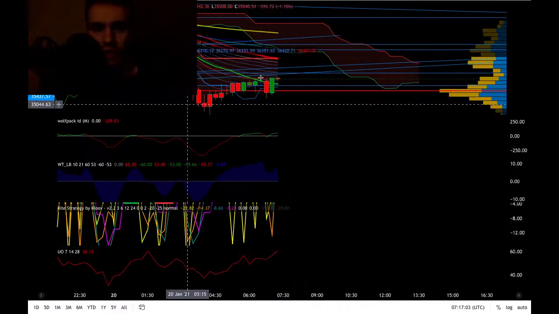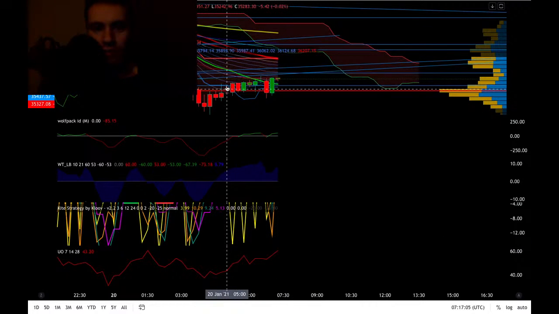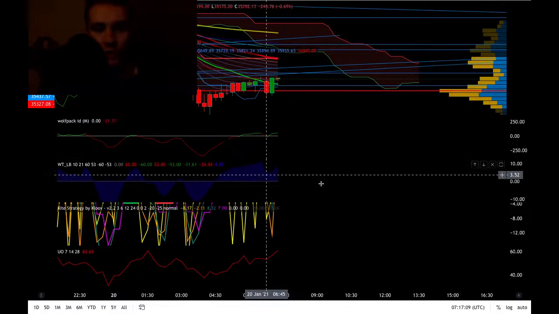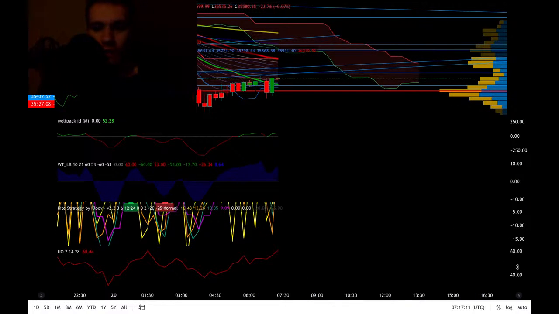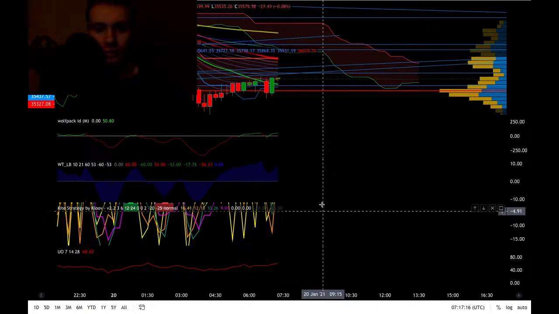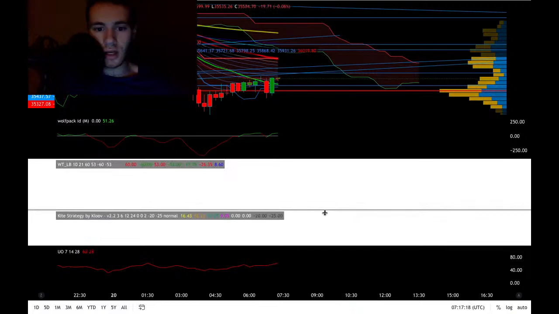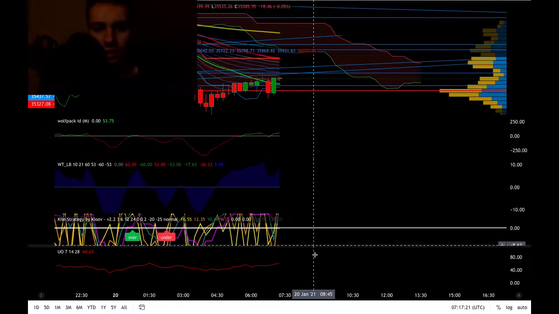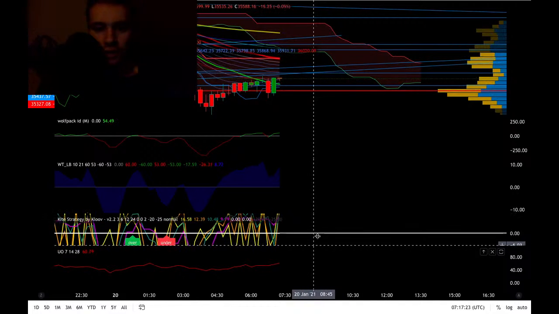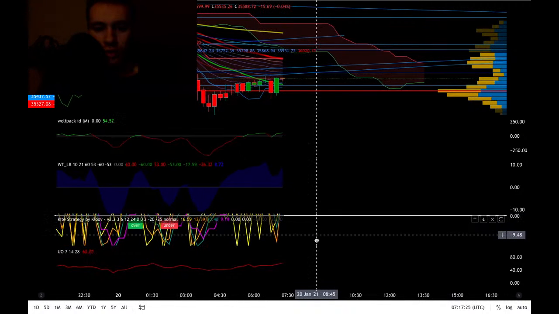So it looks like we're not having any divergence right now on the ultimate oscillator. All right, we're going to put that right there, and this one right here. How are we looking? Okay.